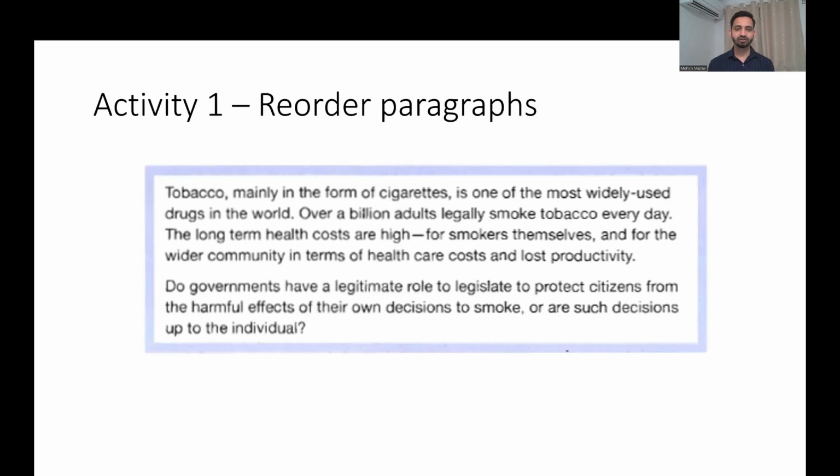The long-term health costs are high for smokers themselves and for the wider community in terms of healthcare cost and lost productivity. Do governments have a legitimate role to legislate to protect citizens from the harmful effects of their own decisions to smoke, or are such decisions up to the individual? That's the prompt, and we have looked at this prompt in part 1 as well.